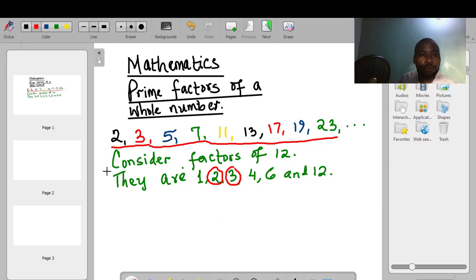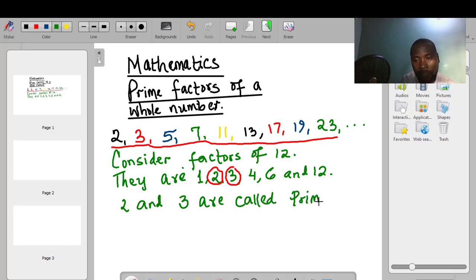Now these two factors of 12 which fall in the category of prime numbers are called prime factors of 12. 2 and 3 are called prime factors of 12. Do you see that? They are called prime factors of 12.